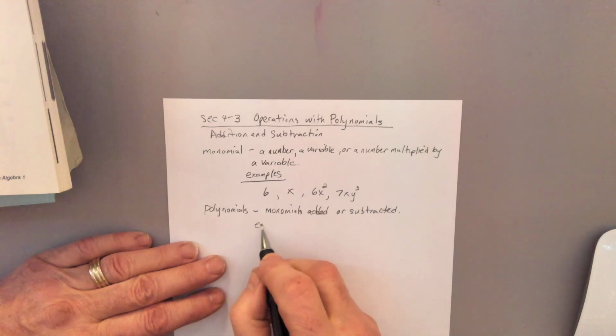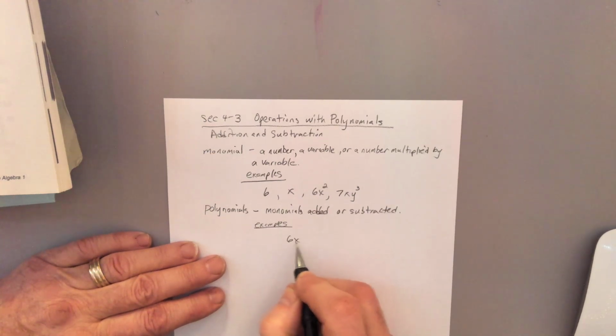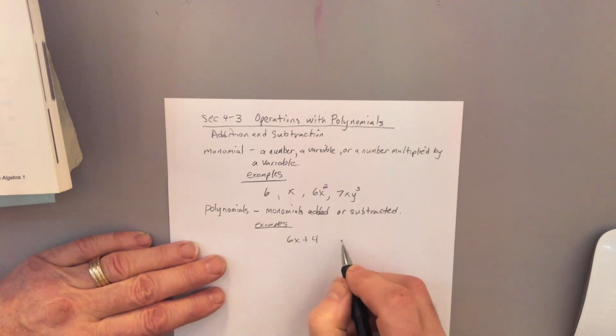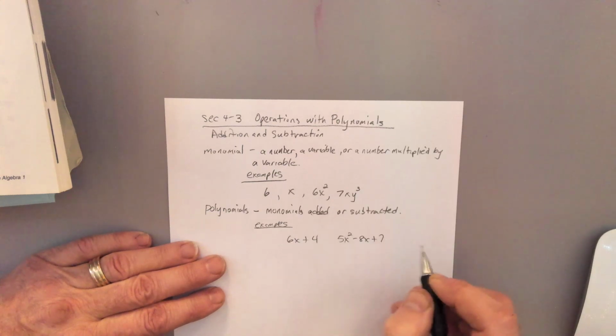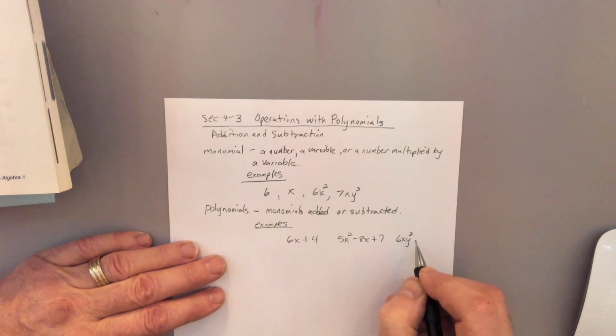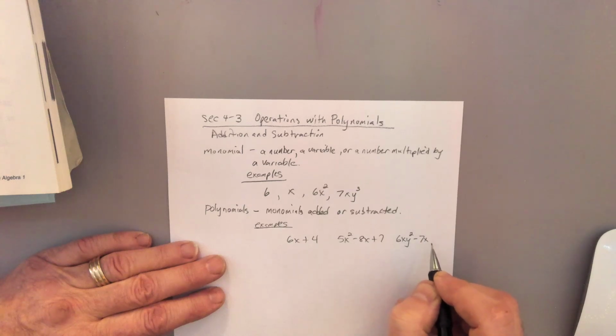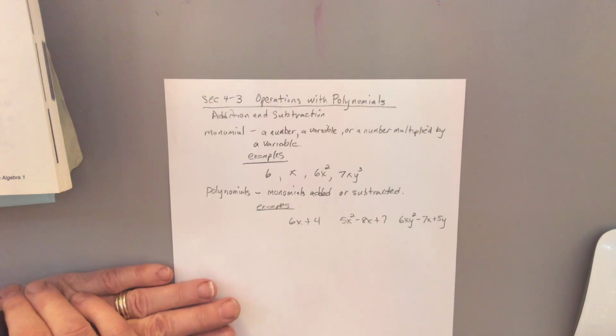So examples of this are 6x plus 4, or 5x squared minus 8x plus 7, or 6xy squared minus 7x plus 5y.